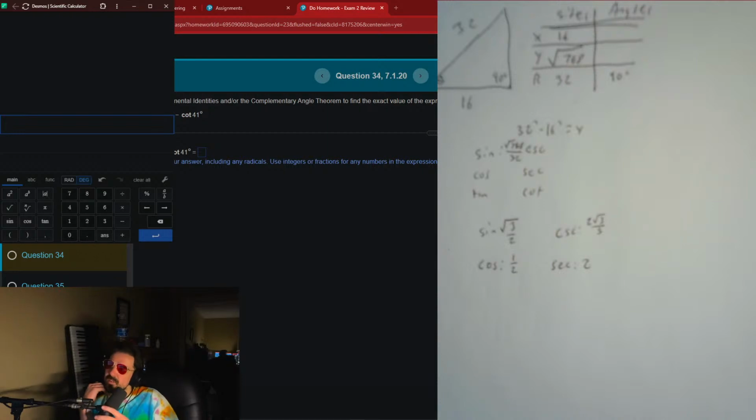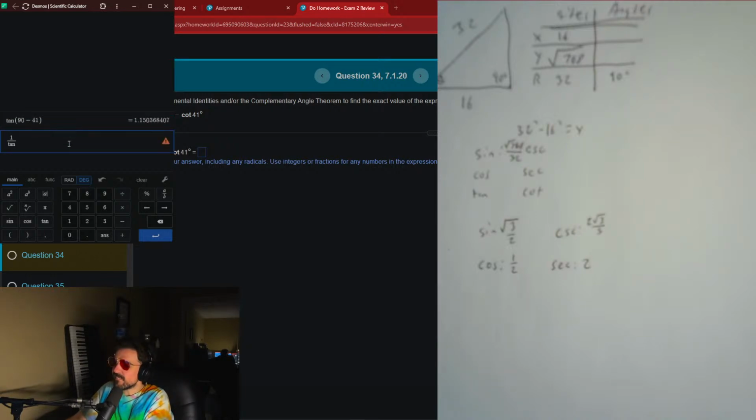Tangent 41. Okay, I see what this identity is. It's essentially like tan 90 minus 41 is equal to 1 over tan 49.